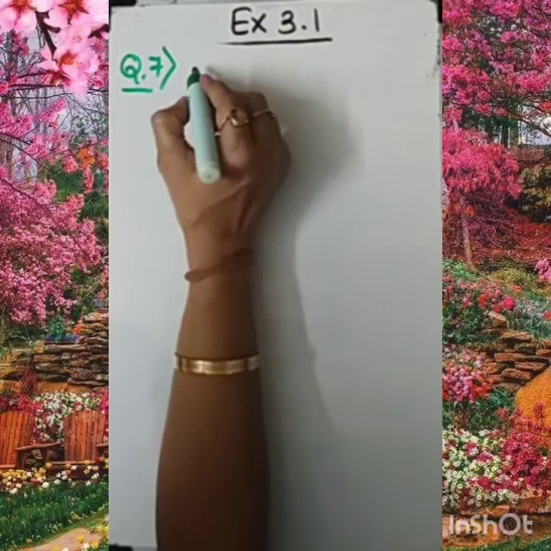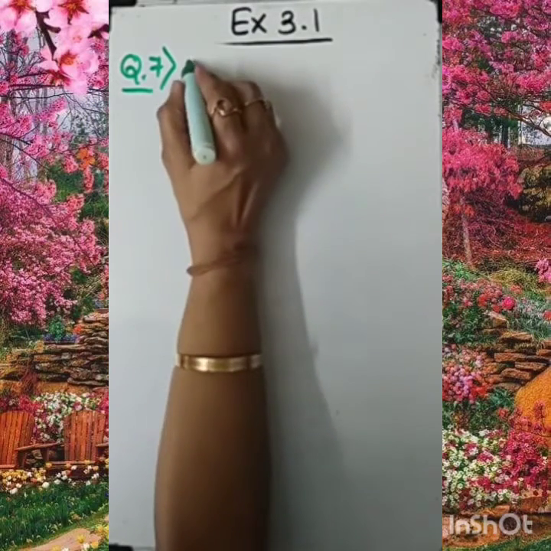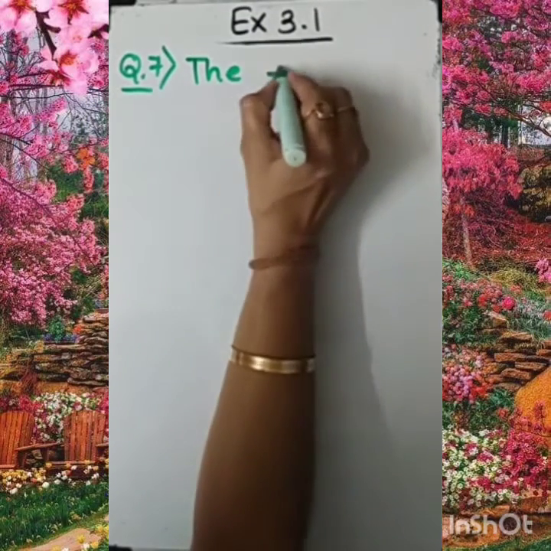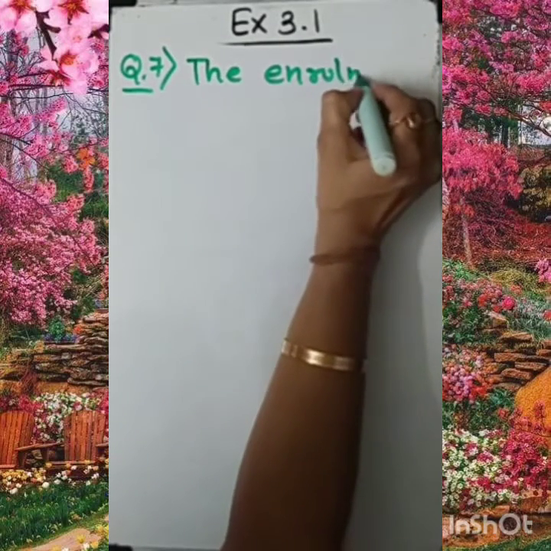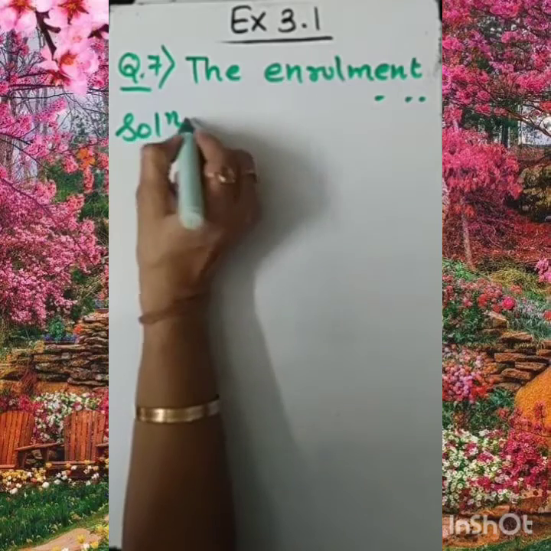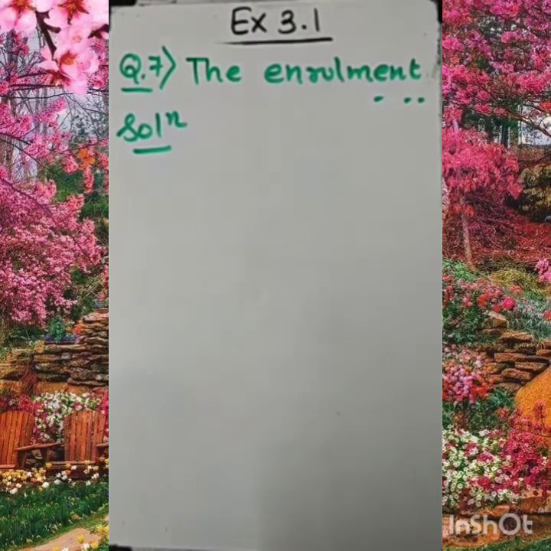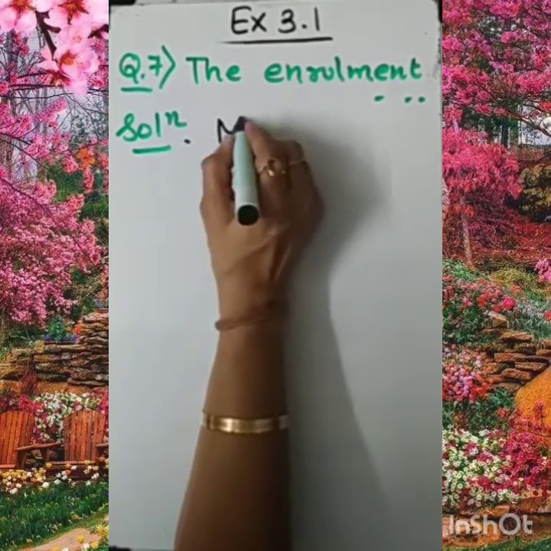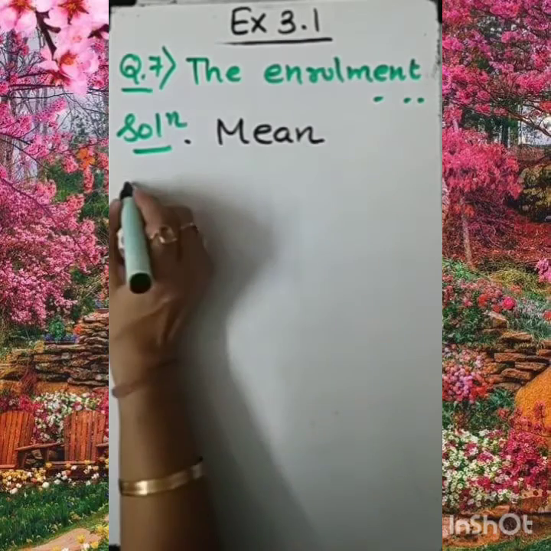Here I am starting the solution. We are asked to find the mean enrollment. You know very well how to find the mean of the given observations.